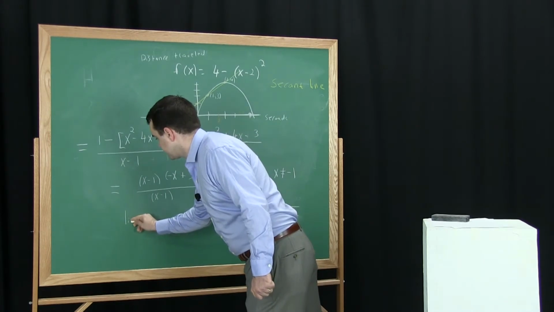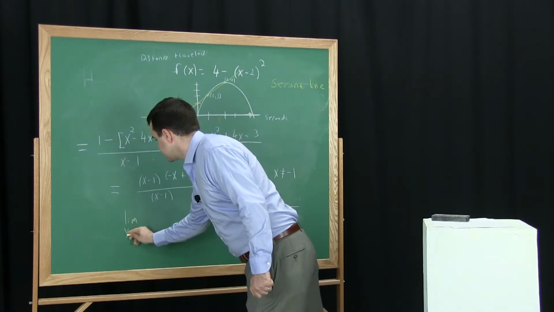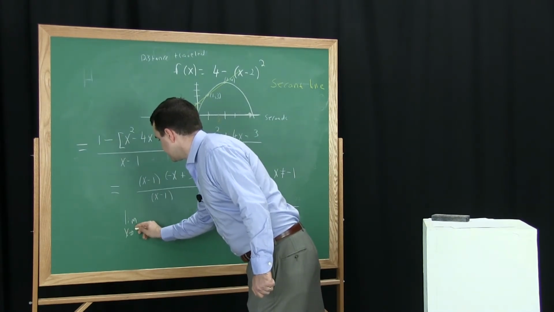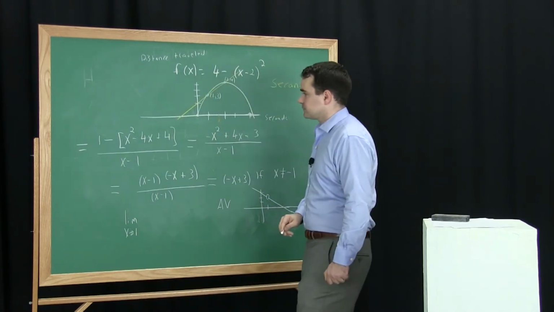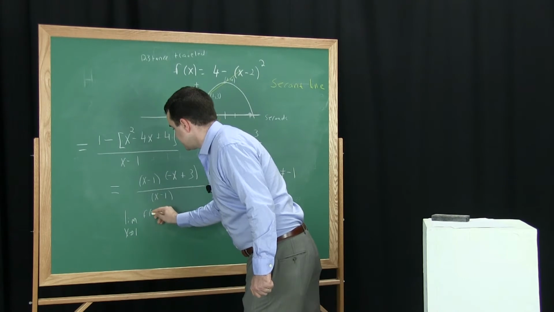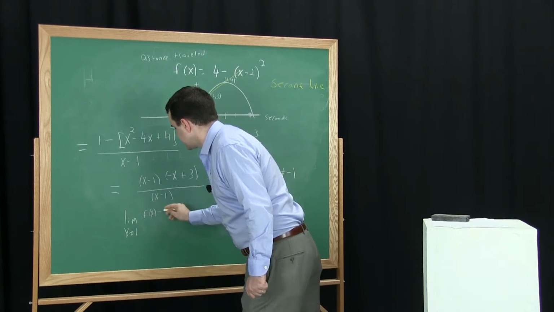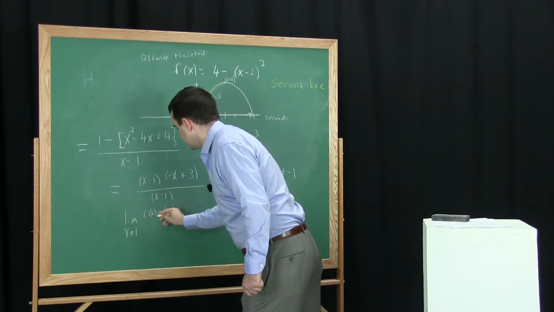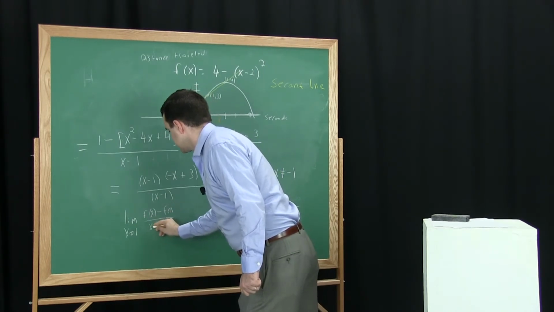So I can't exactly just plug in x equals 1, but what I can do is I can take the limit as x goes to 1. And remember, this was given to me as f of x minus f of 1 divided by x minus 1.